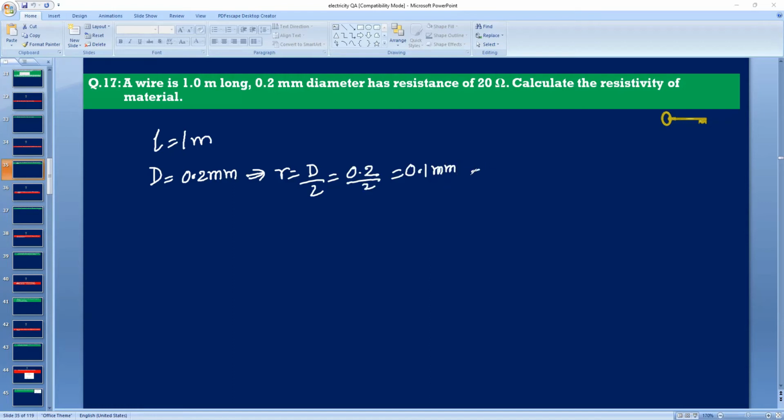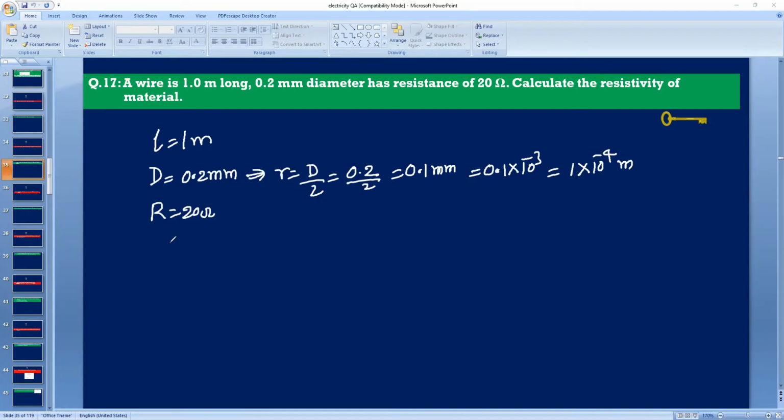Millimeter convert into meters, 0.1 into 10 power of minus 3. We can write 1 into 10 power of minus 4 meters. The resistance R is equal to 20 ohms.